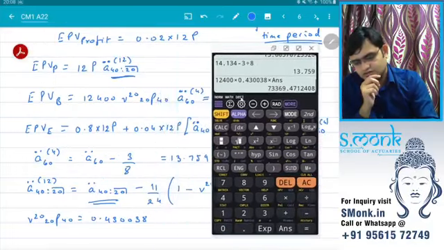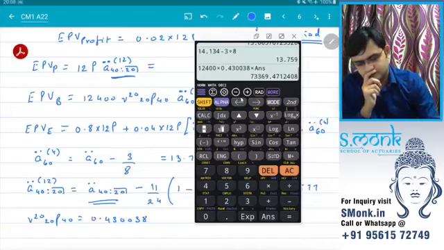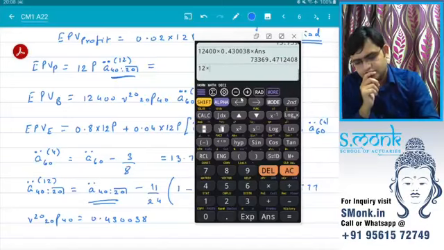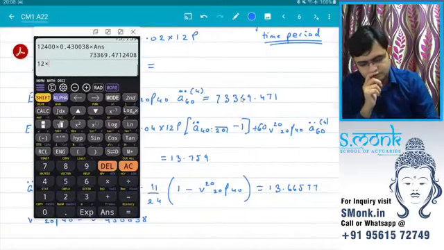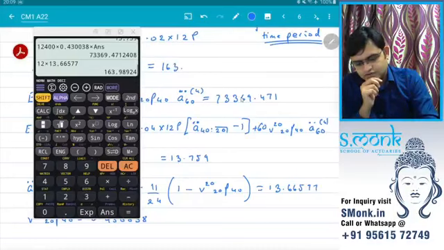Then here, 12 into the annuity factor gives 163.989p.